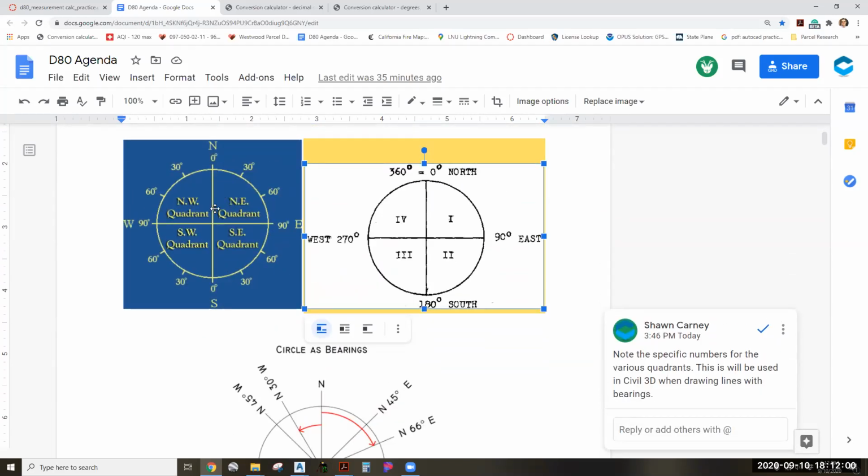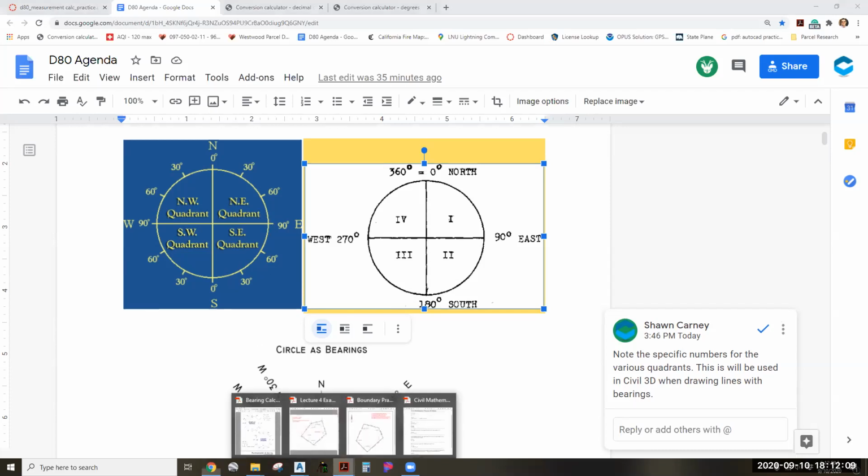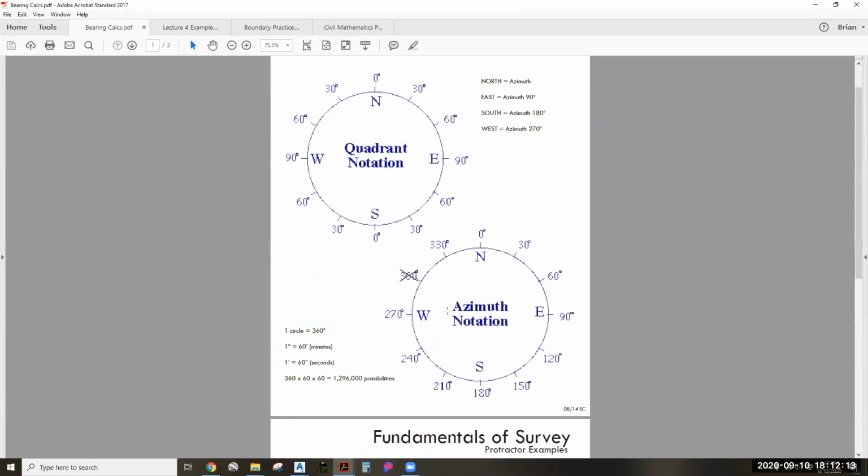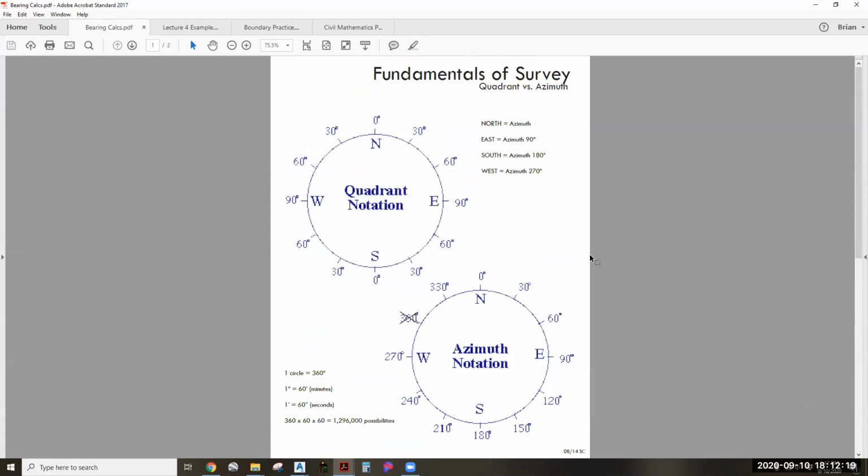Okay, so each quadrant is divided into 90 degrees. So if I look at this handout, which I posted on Canvas, okay? This is for you to download, okay? It shows you how a compass can be used for quadrant notation.